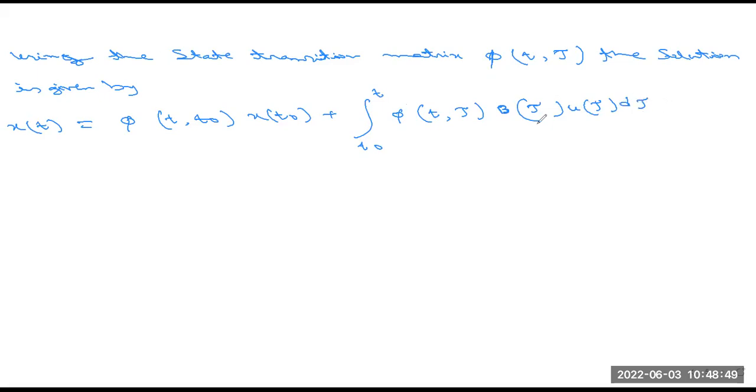So this is the state transition matrix expression of phi of t, tau for the solution.